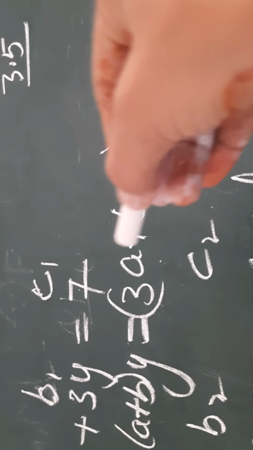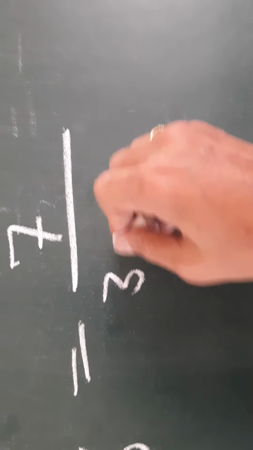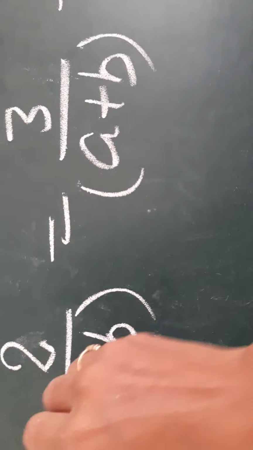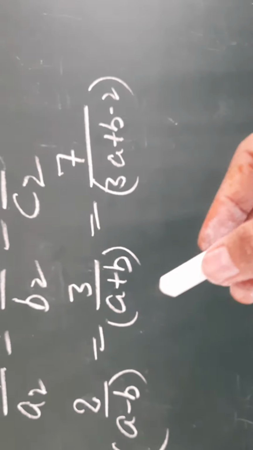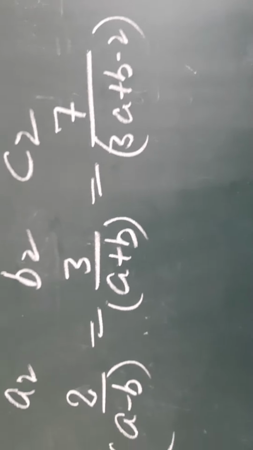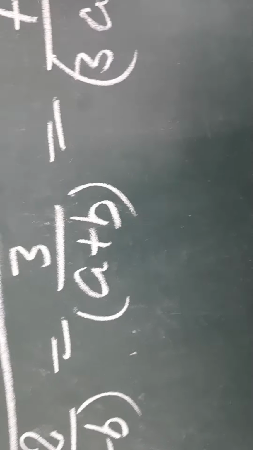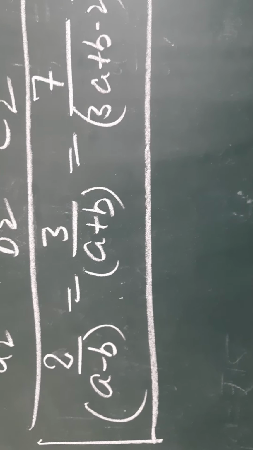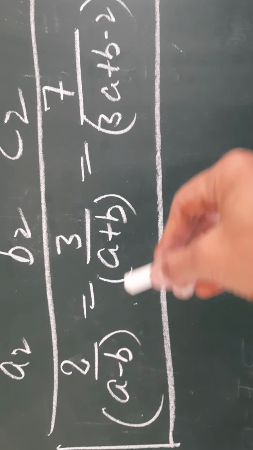So c1 is 7, c2 is the whole bracket, so we will write it here, 7 divided by (3a plus b minus 2), right? So in this way, dear students, now we have three equal ratios and two variables to find out, one is a and one is b. So in the first case, we will compare these two ratios.